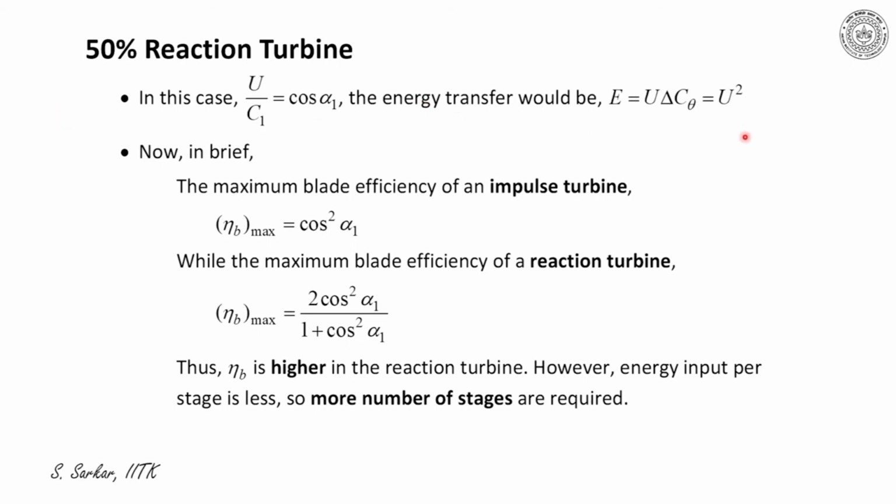becomes U squared. Now I'd like to remind you in brief that the maximum blade efficiency of an impulse turbine is eta B max is equal to cos squared alpha 1, while the maximum efficiency of a 50% reaction turbine is eta B max is equal to twice cos squared alpha 1 divided by 1 plus cos squared alpha 1.